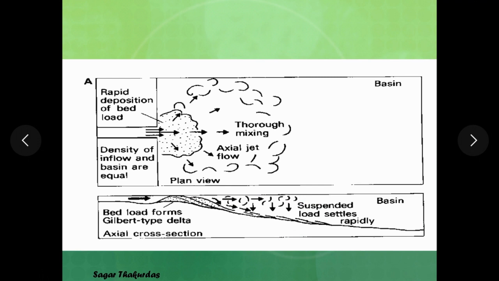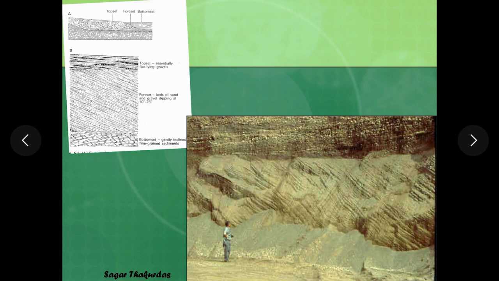So when you have homopycnal flow, it is mostly seen in case of lacustrine environments or lacustrine deltas, which are also called as inertia deltas, which gives rise to formation of Gilbert type of delta, where you get to see the foreset laminae dipping at high angle, as you can see here. This diagram you have seen previously, and also you can see a sketch here.